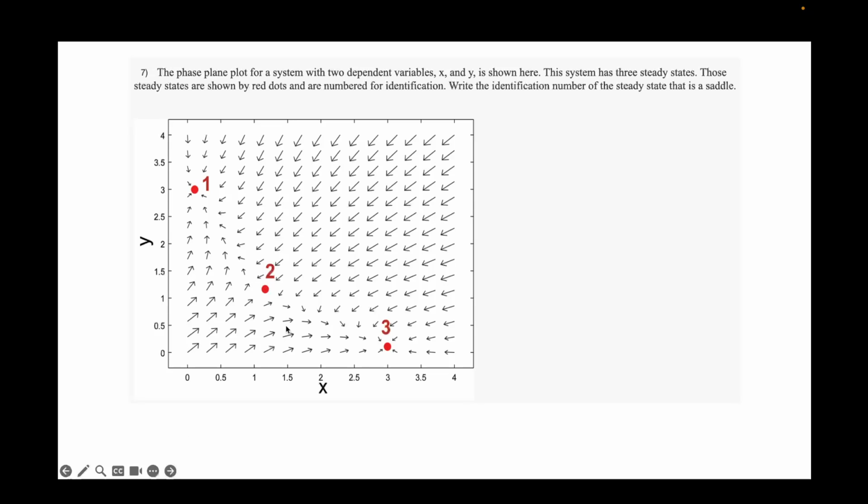So this is a saddle. On the other hand, these two are all converging, so these are stable steady states, these are sinks. This is a sink, this is a sink, but this is a saddle because from one side it is converging and from the other side it is diverging. So yeah, the answer is correct. Point 2 is the saddle state.